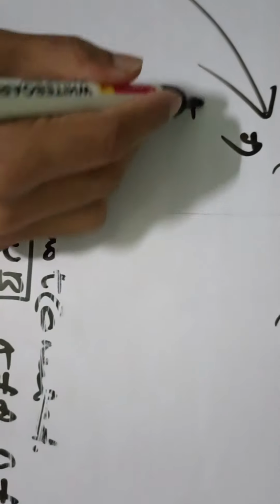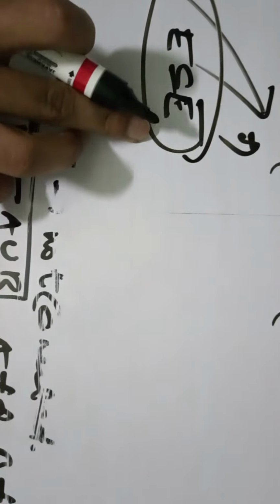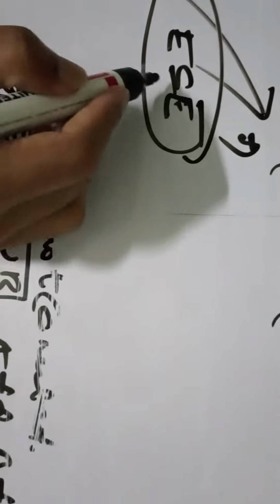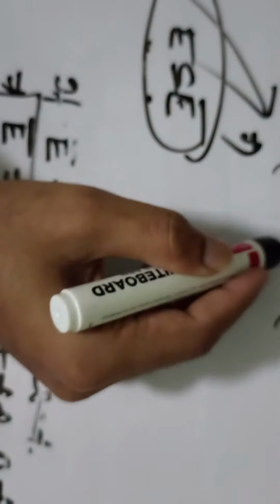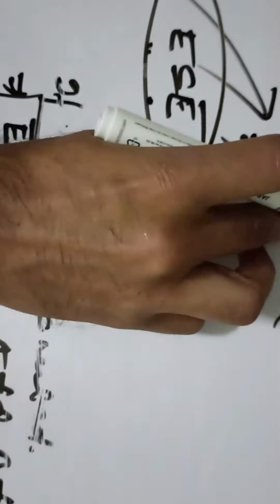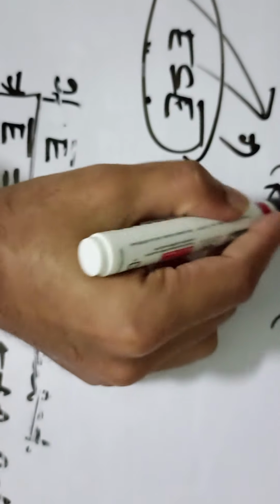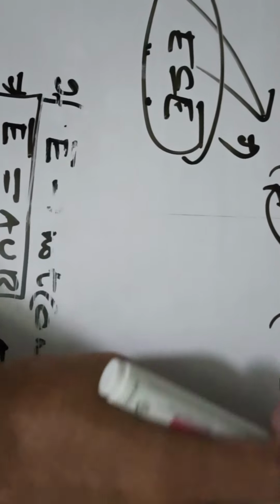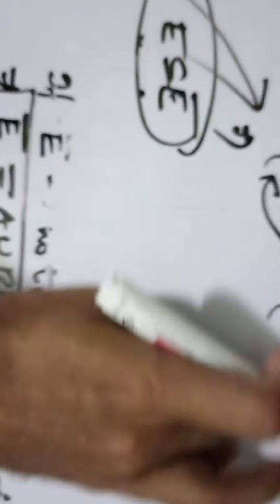Now we all know that E bar, the closure of a set, is the smallest closed set containing E. So this set contains this set, which contains this set. So I am taking the intersection.